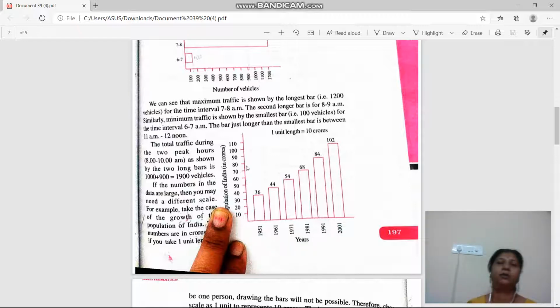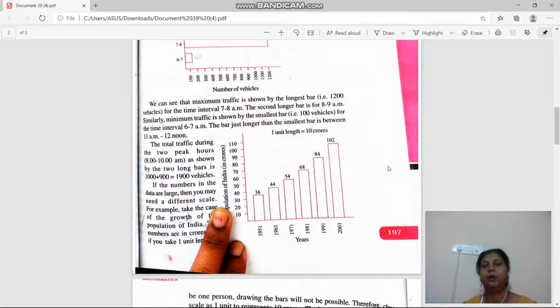Okay, and on the vertical line, that is the y axis, the population is given. It is the scale with 10, 20 up to 110, and that 10 means not 10, it is 10 crores. Okay, now see here, in 1951 it is 36. So with the help of scale I told you yesterday how we can calculate this.